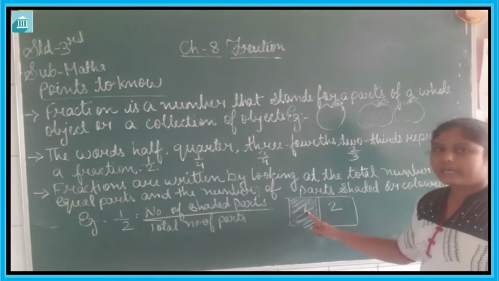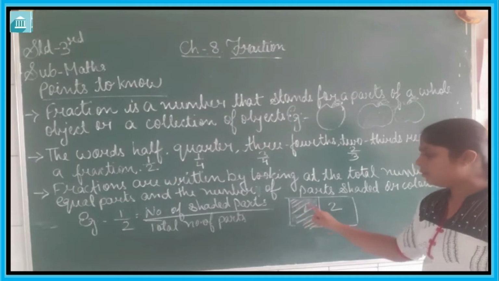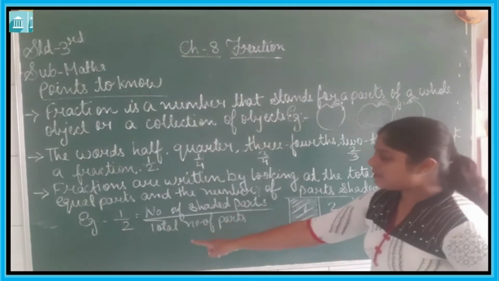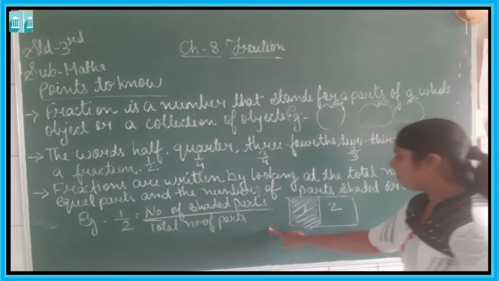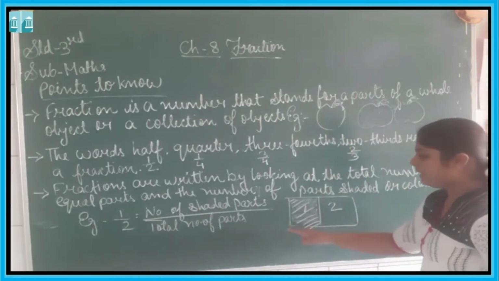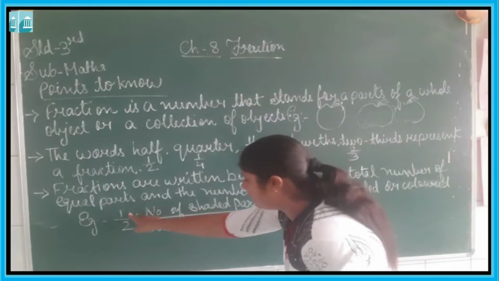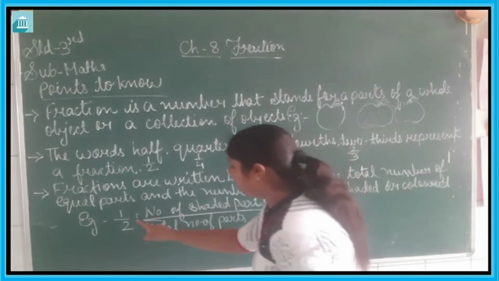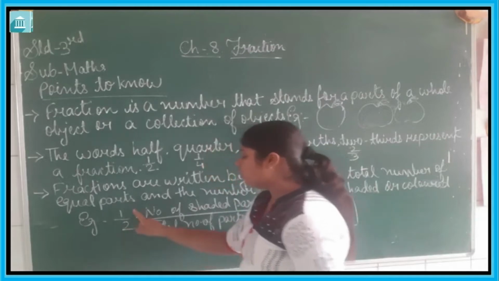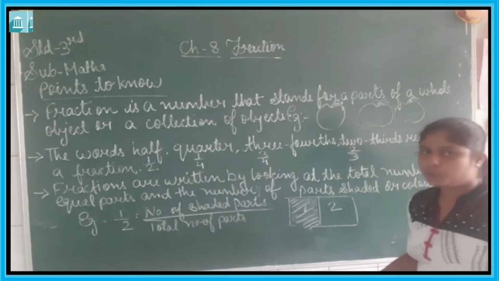The first part is shaded, okay? So a fraction tells us the number of shaded parts by the total number of parts. We have shaded one part, so we have written 1, and the total number of parts is 1 and 2, so we have written here 2. So our answer is 1/2.